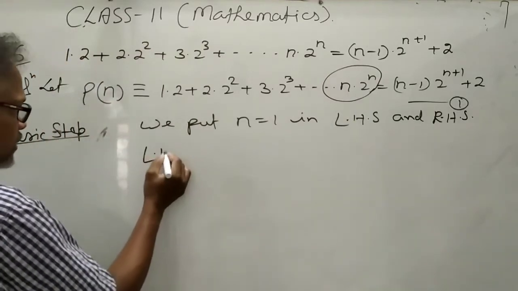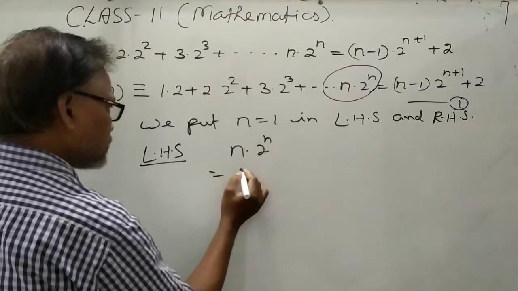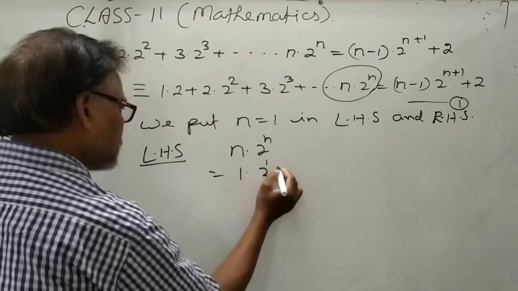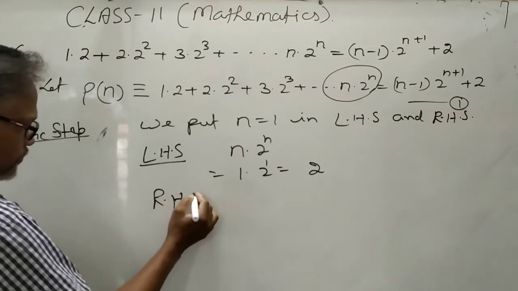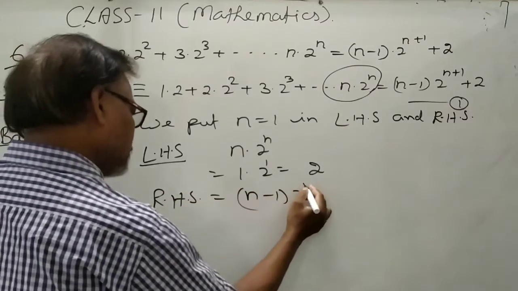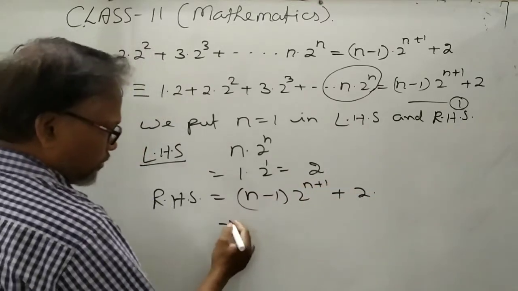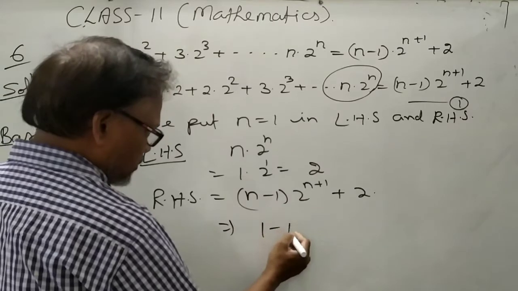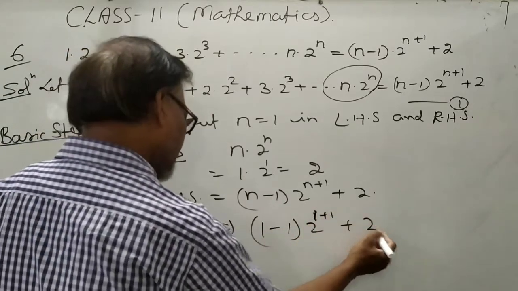So LHS is equal to 2, and RHS is equal to 1 minus 1, that is 0, and plus 2.